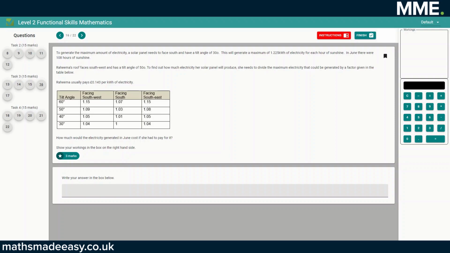Okay, next, to generate the maximum amount of electricity, a solar panel needs to be south-facing and have a tilt angle of 30 degrees. Typically, you'd see this more commonly written as 30 degrees with the degree symbol as a superscript, and potentially with the degrees Celsius, but this is what the software writes 30 degrees as.